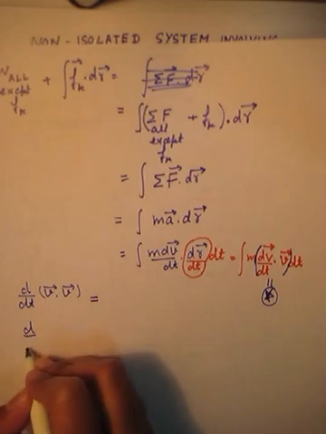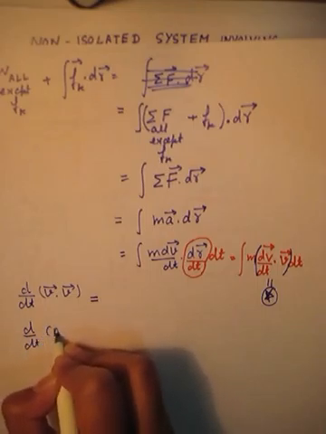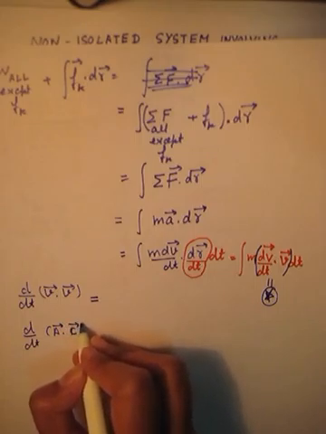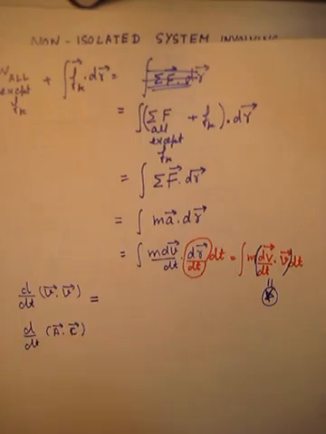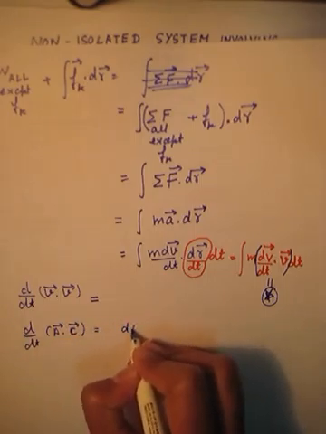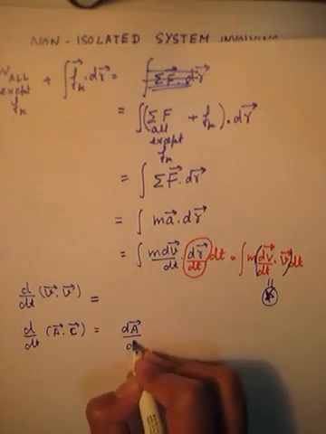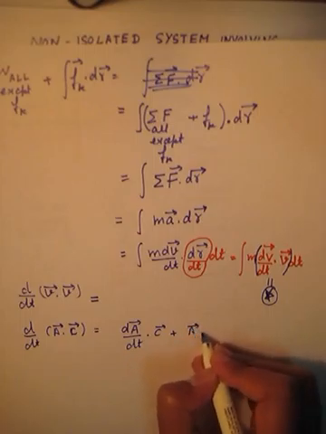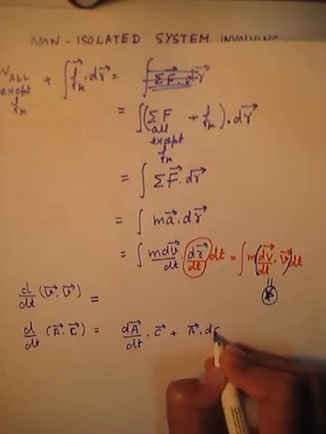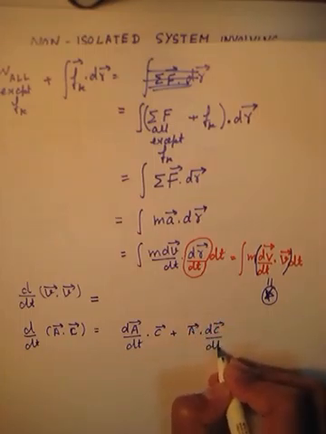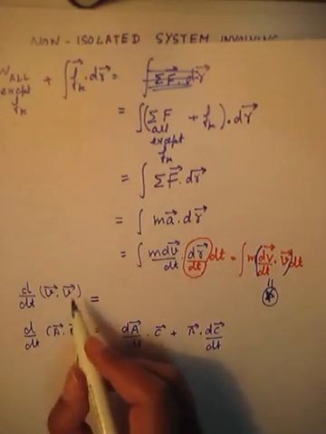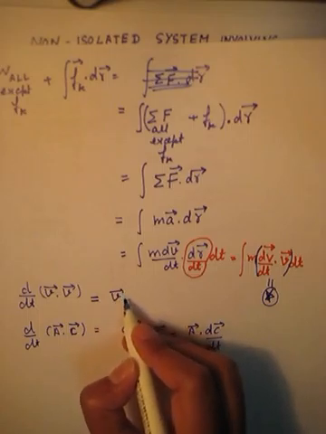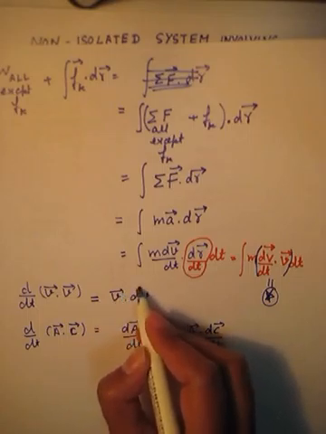Now if we take a derivative of any vector, let us say a vector dot c vector, what will it be? It will be dA vector upon dt dot c vector plus a vector dot dc vector upon dt.